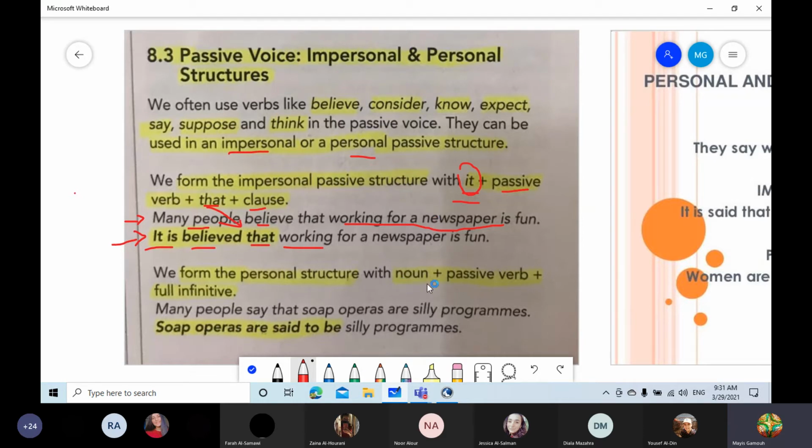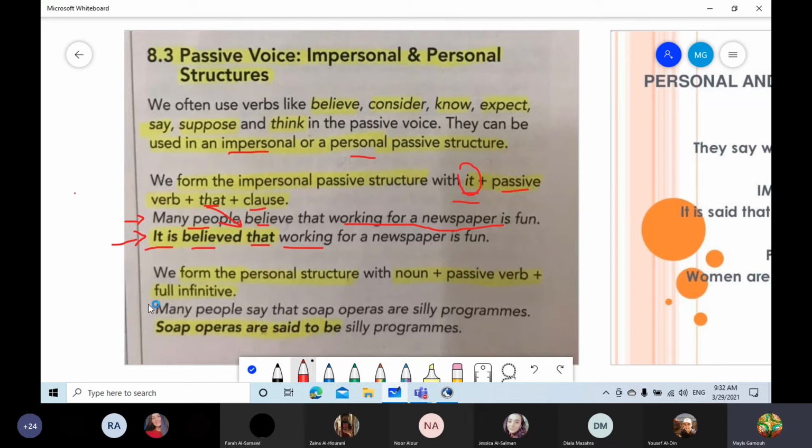So we will insert our object in order to become the subject, plus the passive verb, which is verb to be according to my tense, and the third form of the verb, plus a full infinitive.